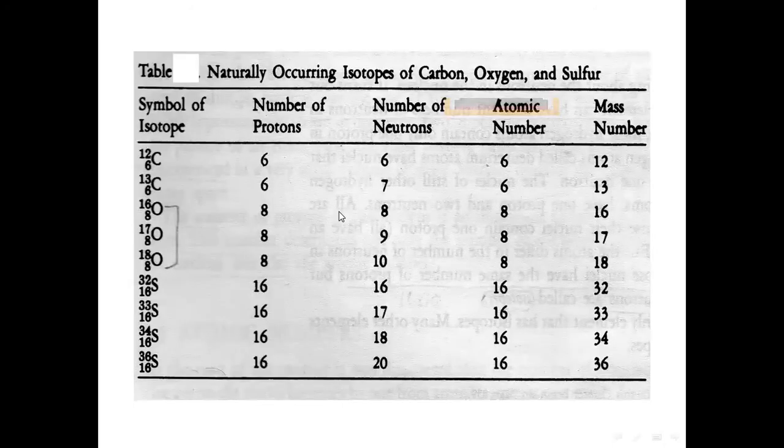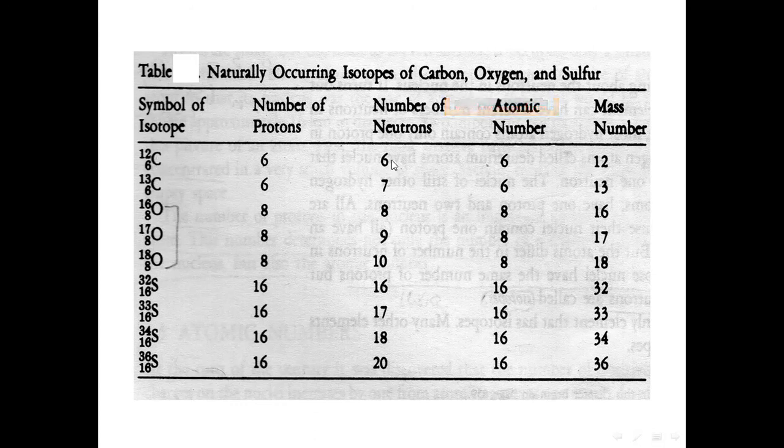For example, carbon has atomic number 6 and number of protons 6. But the number of neutrons may be 6 or 7.